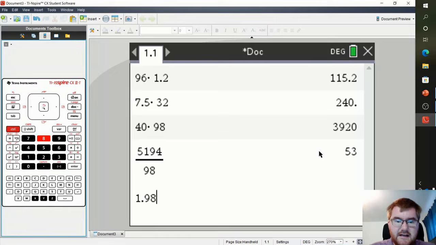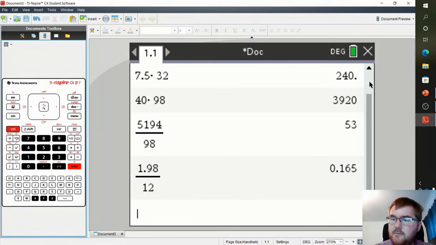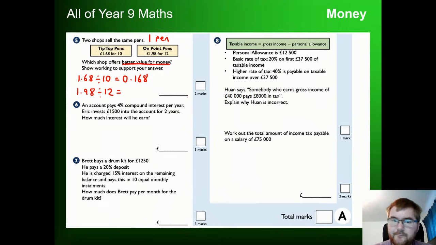So we do 1.98 divided by 12, gives us 0.165. So let's copy that across. Very, very close, but you can see that this one here is slightly cheaper. So On Point, great name for a shop, is going to get the price for the cheapest pen.